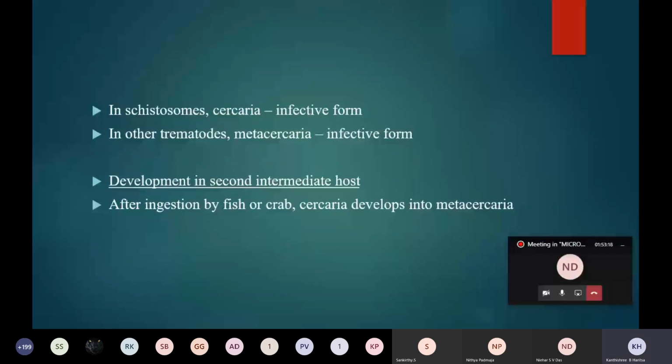In schistosomes, Cercaria is the infective form. In the other trematodes, Metacercaria larval stage is the infective form. In the second intermediate host, after ingestion by the fish or crab, the Cercaria will develop into the Metacercarial larval stage.